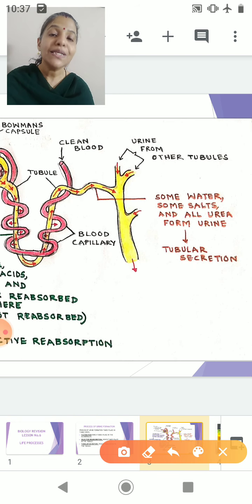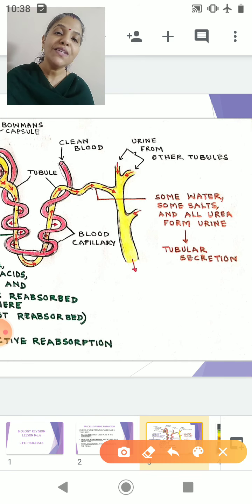But sometimes at the time of ultrafiltration, some nitrogenous waste like urea can escape from the process of ultrafiltration. If it escapes, it will remain in our body. If it remains in our body, then it is harmful because it is a waste.